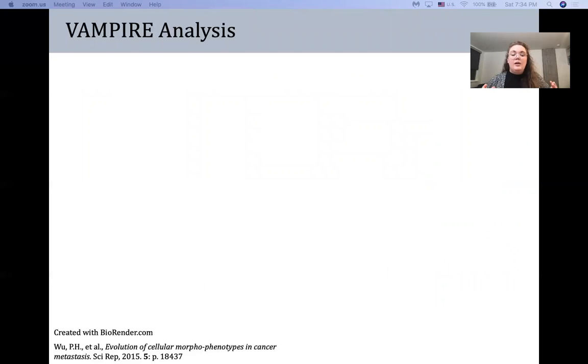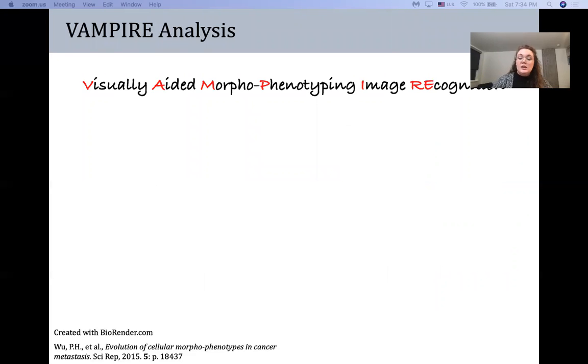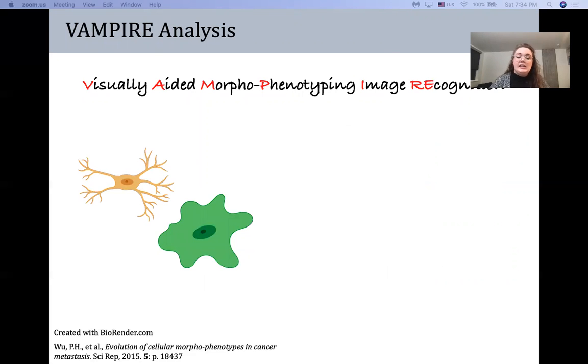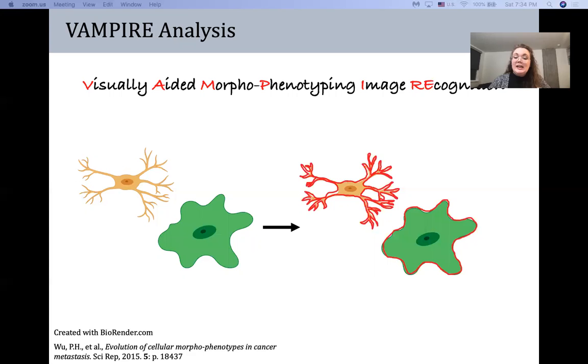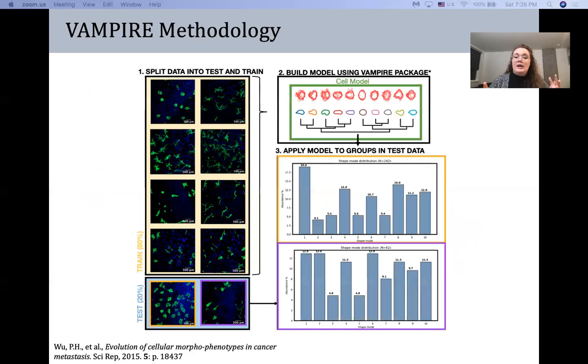Alongside these quantitative cell shape features, we actually perform VAMPIRE analysis, visually aided morpho-phenotyping image recognition, a package from the Denis Wirtz group at Johns Hopkins, which allows us to take images of our cells and create representative phenotypes of their outlines.